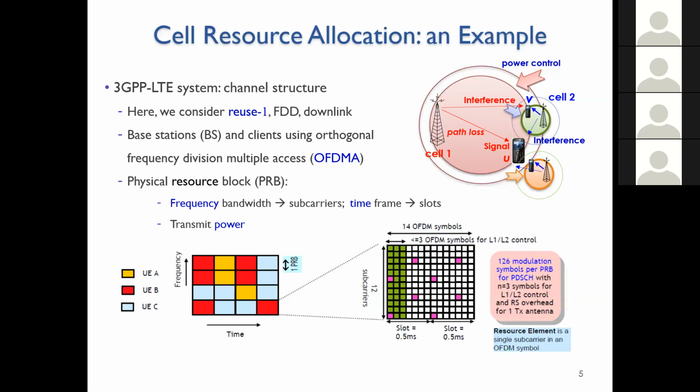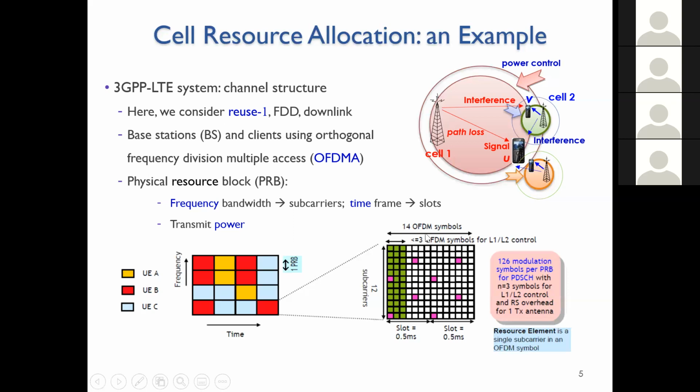Of course, once you assign a frequency and time slot, there's a question at the same time: what is the transmitted power you wish? Say power equal to 1, power equal to 2, or power equal to 10. And then when you measure the signal to interference plus noise ratio, you would see it as a division, signal divided by the interference plus noise.